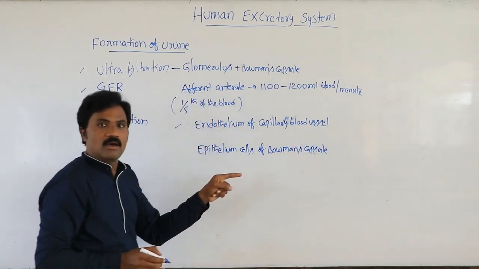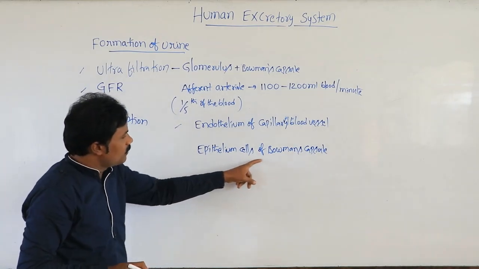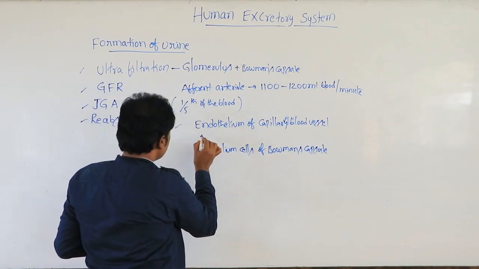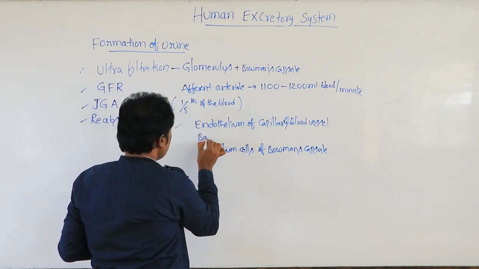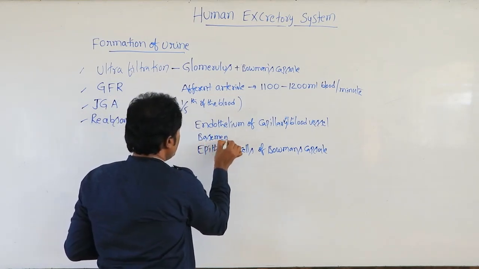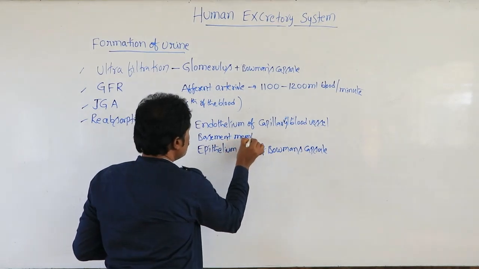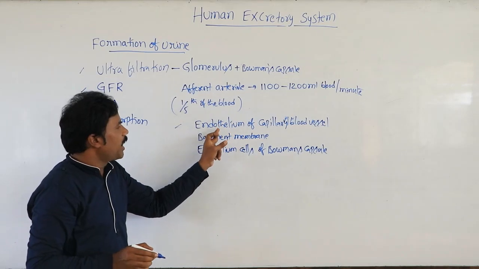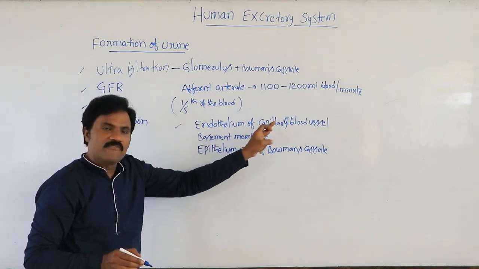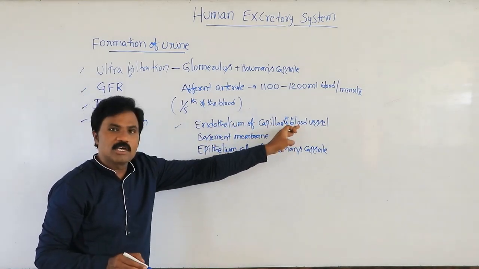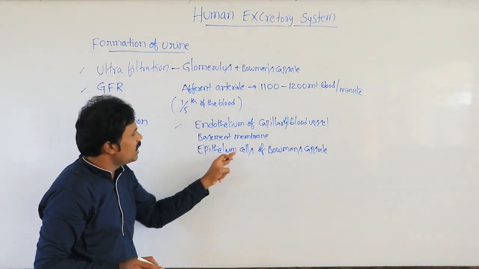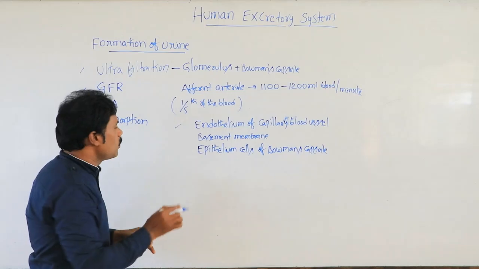In between, the basement membrane is present. So the endothelium of the capillary, then the basement membrane, then the epithelium of Bowman's capsule.